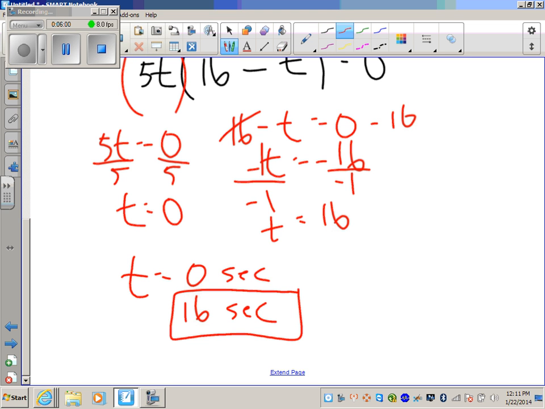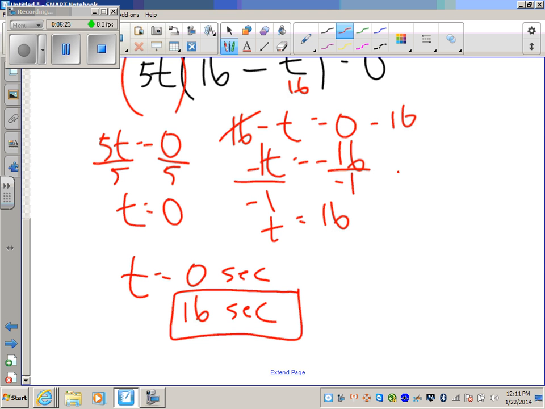Does this confuse you here? Well, just think about it logically then. 16 minus what is 0? 16. 16 minus t equals 0. Plug in 16. 16 minus 16. Here, let's look at it this way, Ray.